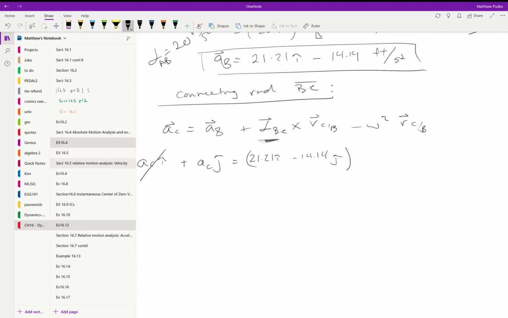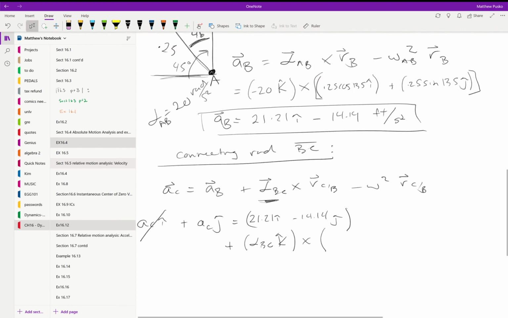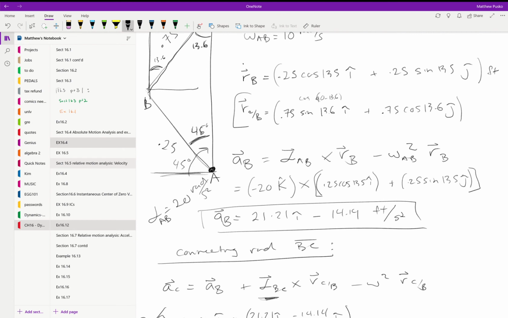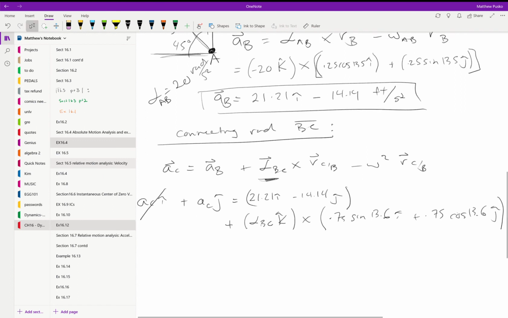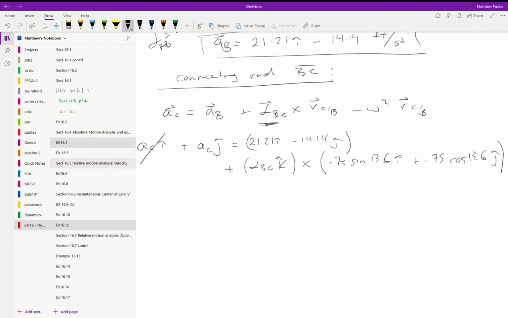If we do alpha BC, we'll just give it a positive K direction for now, and we're going to cross that into this vector right here, 0.75 sine 13.6 in the I plus 0.75 cosine of 13.6 in the J. Alright, we also need the minus omega squared.